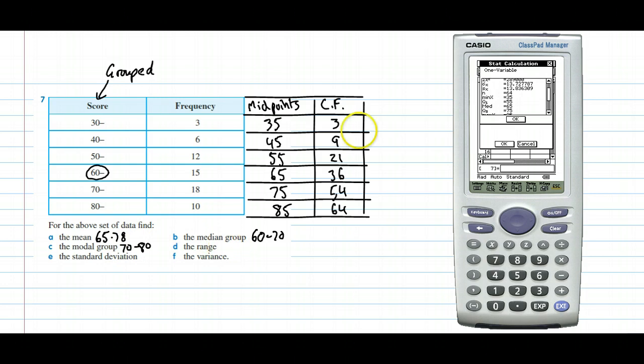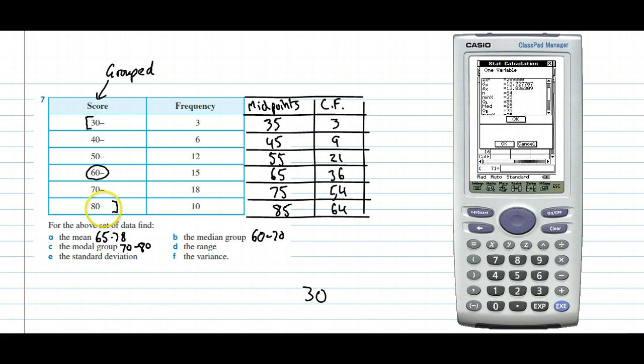The range we can't actually get from the calculator, because the calculator doesn't know about these groups. We've only told the calculator about the midpoints, and those midpoints are not going to tell us the range. To know the range for grouped data, we go to the start of the first group, which is 30. It's the lowest possible score in this data set. Then the maximum value is the top of the highest group.